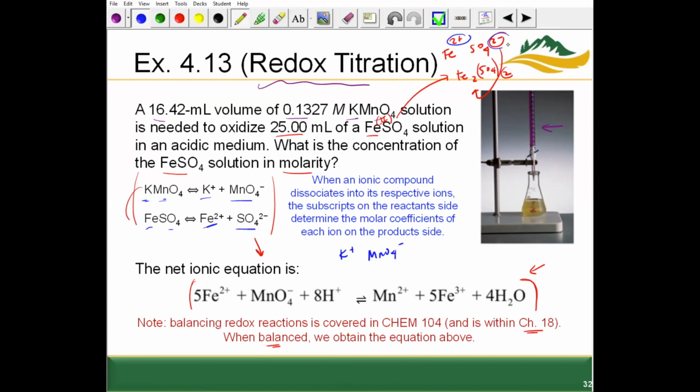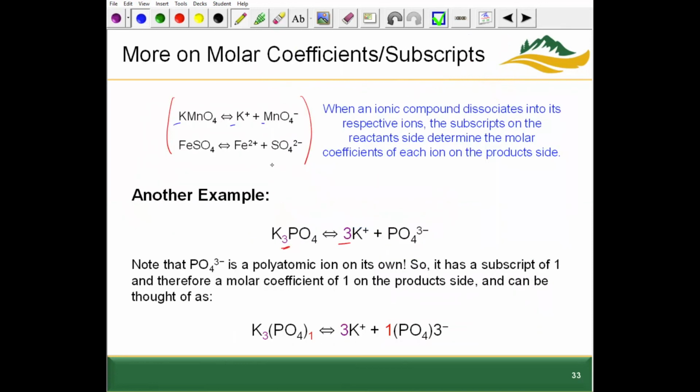So that's another 1 to 1 molar coefficient or mole to mole ratio here. This has a 3 to 1 molar ratio because this subscript has to be 3. This one has to be 3 because potassium is an alkali metal, forms +1 cations. Phosphate is PO4 3-. So then with the cross method, 3 comes down here, 1 comes down here. So this 1 is implied. We don't include that. This comes out to K3PO4. So hence the 3 here and the 1 here.